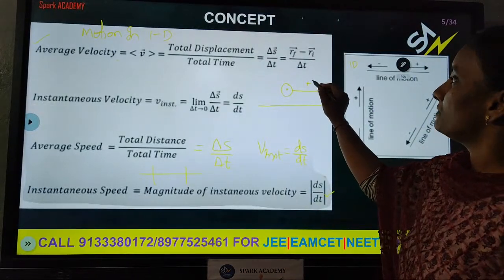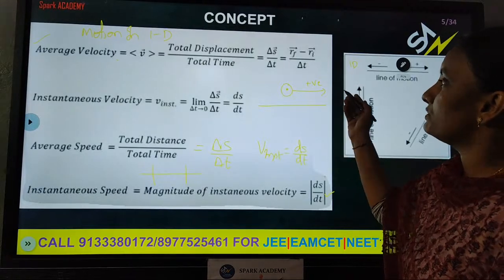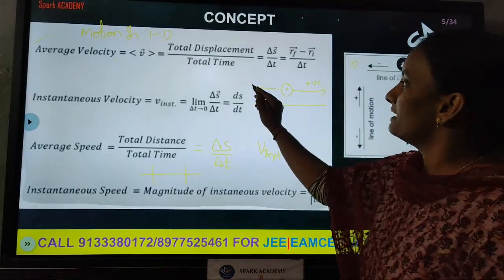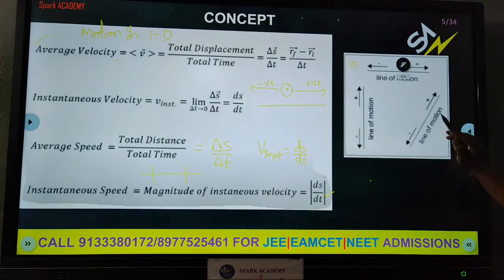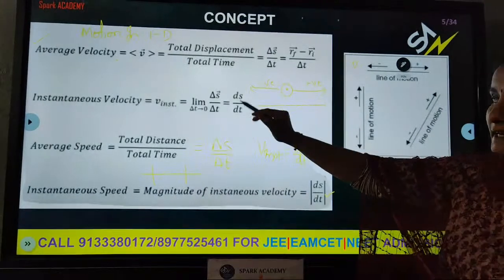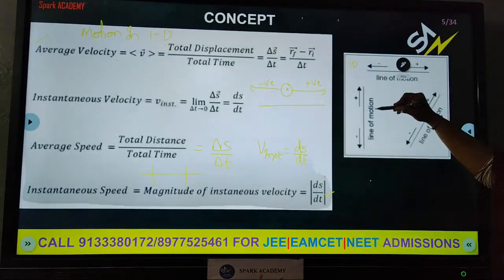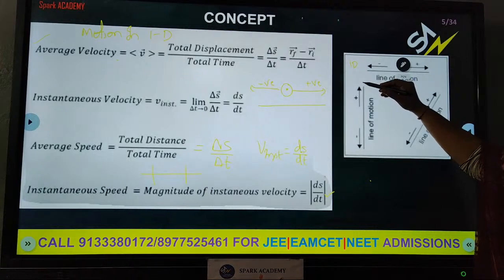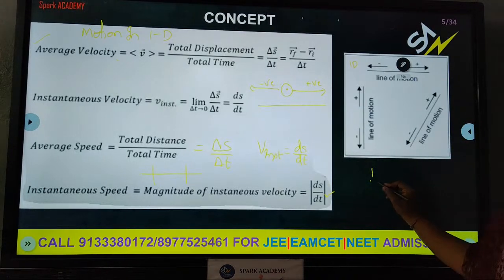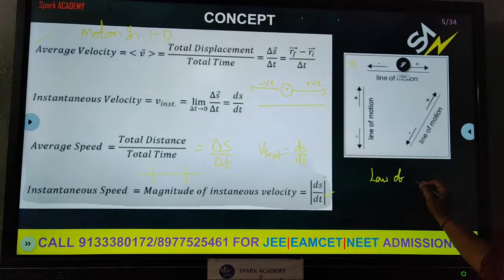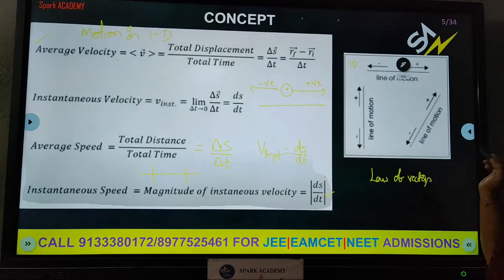Rightward distances or velocities we take as positive, and the left side as negative. So the sign convention needs to be followed. These are vector quantities. If the line of motion is vertical, upward distances we take as positive and downward as negative. So we need to follow the law of vectors.